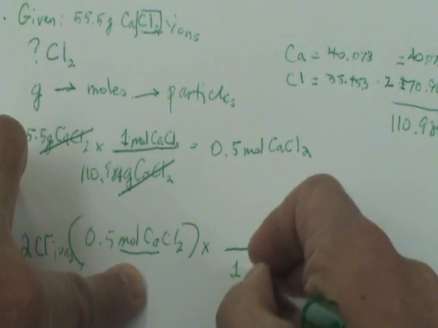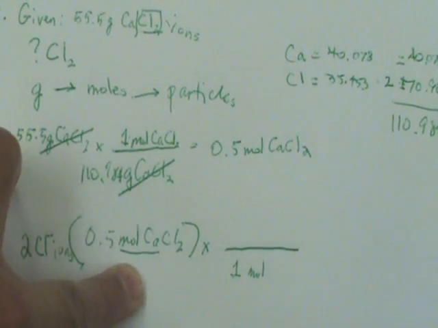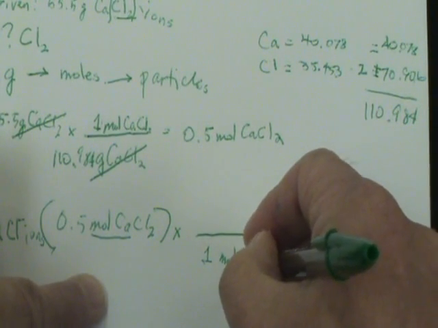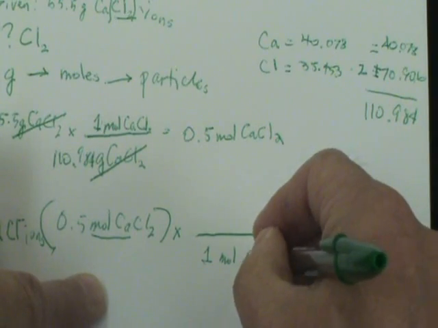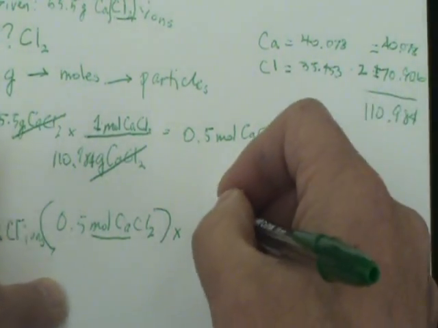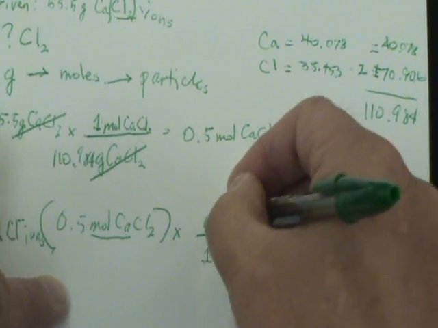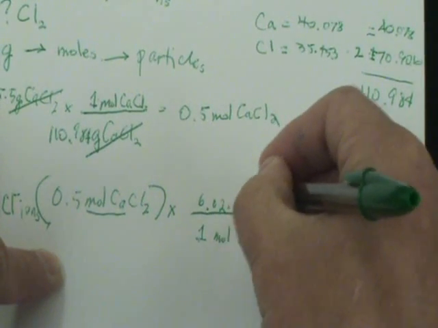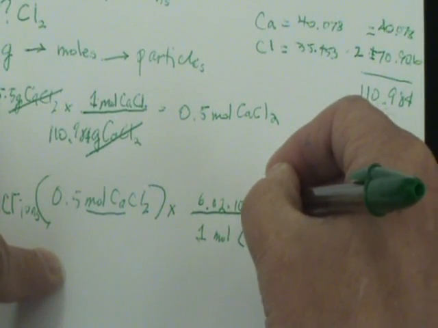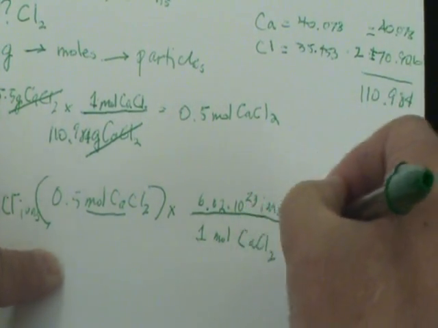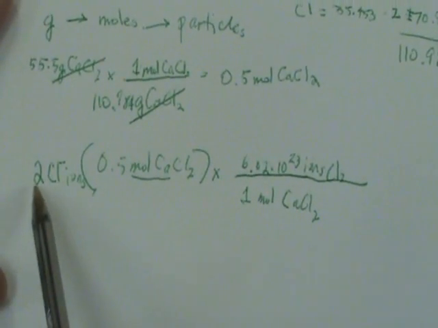So in this case, 1 mole refers to our chloride ions, and we have Avogadro's number, which is 6.02 times 10 to the 23 ions of chlorine. Now this is pretty easy.